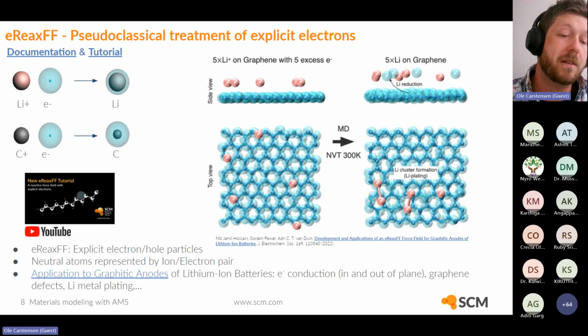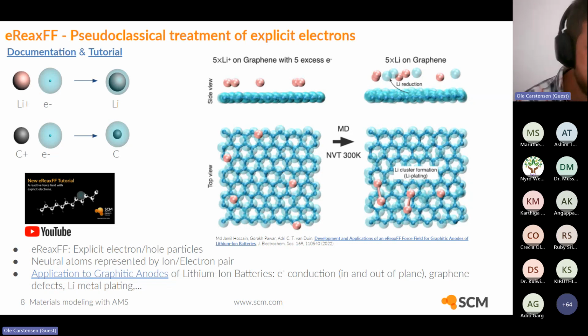But with this eReaxFF force field, you actually can. Now, the lithium atoms are actually lithium ions. Lithium carries a charge of 1+, and a neutral lithium atom is represented as a pair of an electron and a lithium cation.